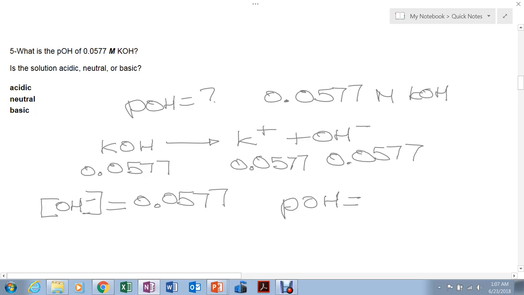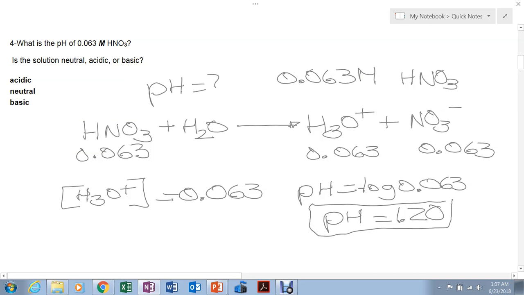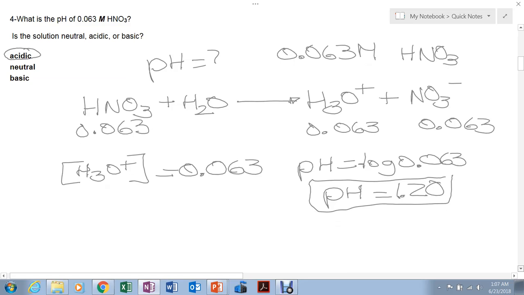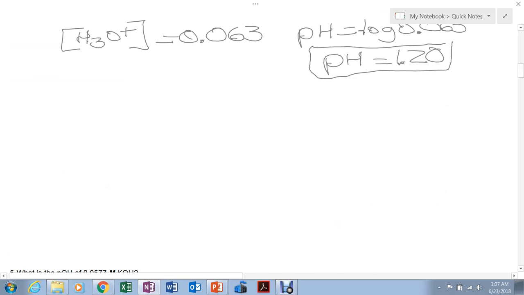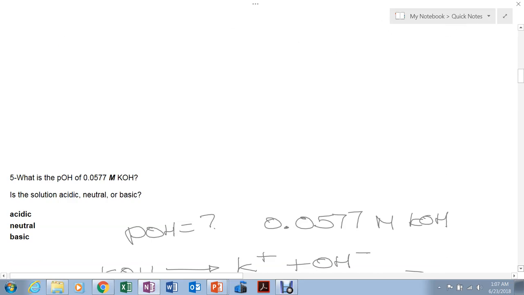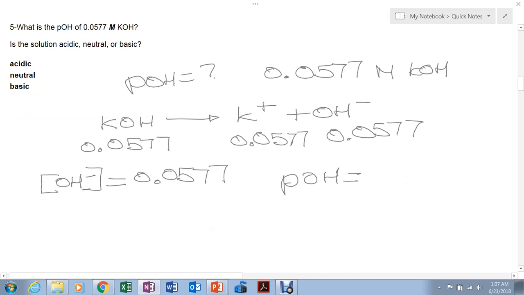And before I finish, sorry, I forgot. The previous one is a pH of 1.20. This is acidic. Remember, less than 7, acidic. More than 7, basic. So here, let's continue with this one. It's going to be basic already. But let's get the pOH and see.